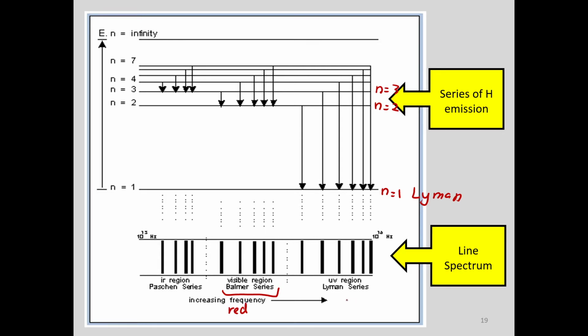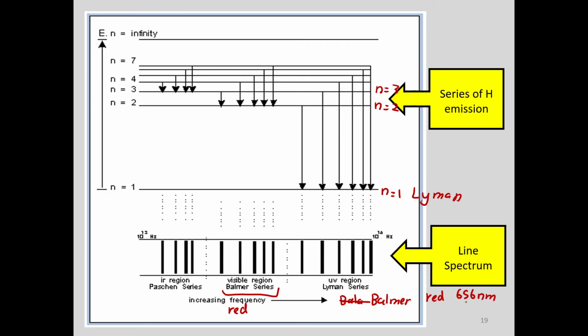So for Balmer, the most common colors that come out, this is their frequency. For red, the wavelength is 656 nanometer.